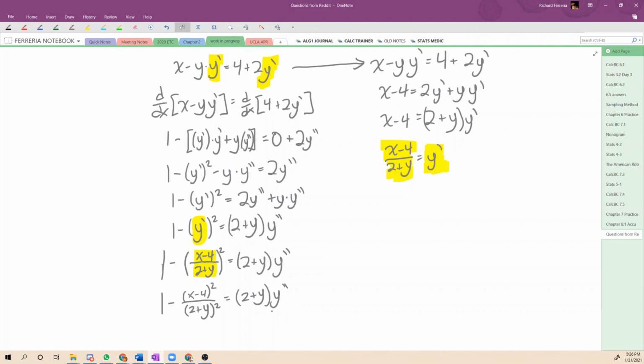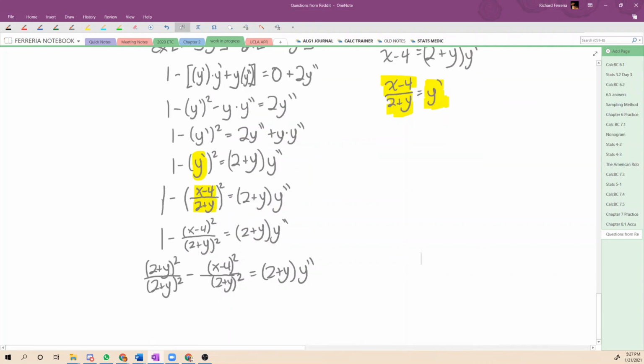Now division is going to be a little bit easier if I move this over to a common denominator. So let's move the left side into a common denominator, which is just 2 plus y squared. So 1 is the same thing as 2 plus y squared over 2 plus y squared, which is the same thing as 2 plus y squared minus x minus 4 squared over 2 plus y squared.